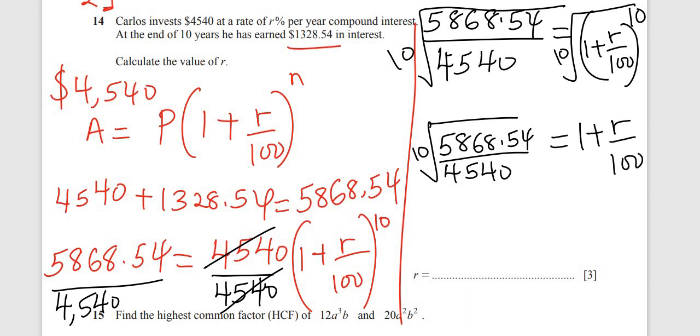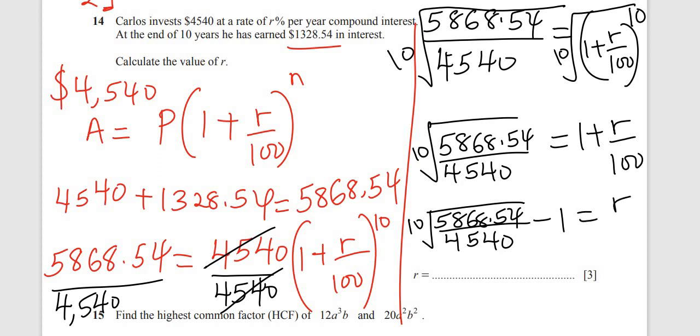So we are almost there. Then the next thing that we need to do is to take away the 1 from both sides. So that will be the 10th root of 5,868.54 divided by 4,540. Take away 1 is equal to r out of 100.